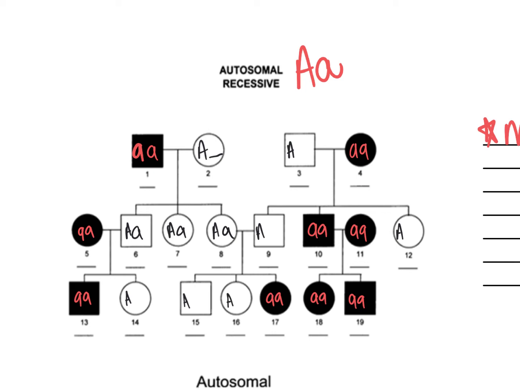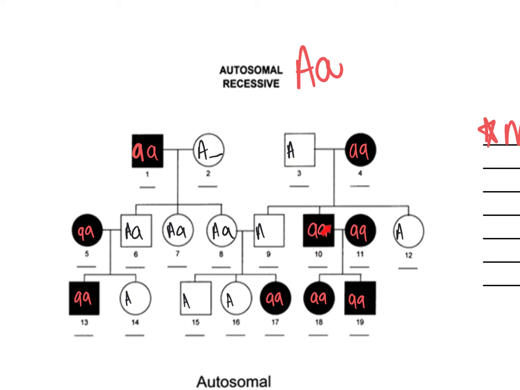Person number 3, on the other hand, I do have some information about. We know that they have at least one dominant allele because they don't have the condition, and they were able to pass that dominant allele to number 9 and number 12. However, number 10 and number 11 are evidence for this person's genotype. Because these individuals inherit one A from their mother, they must have inherited the second little a from their father.